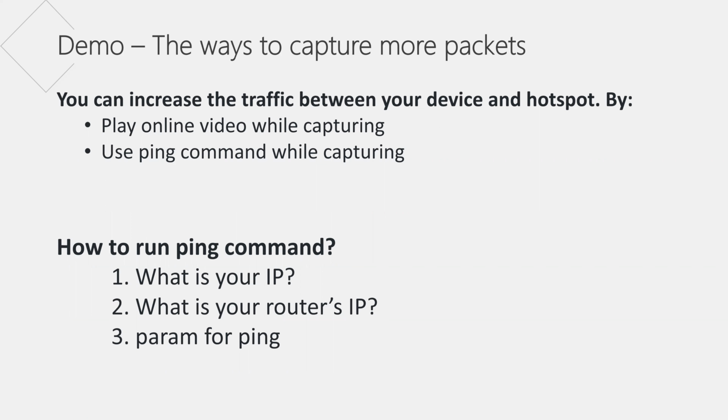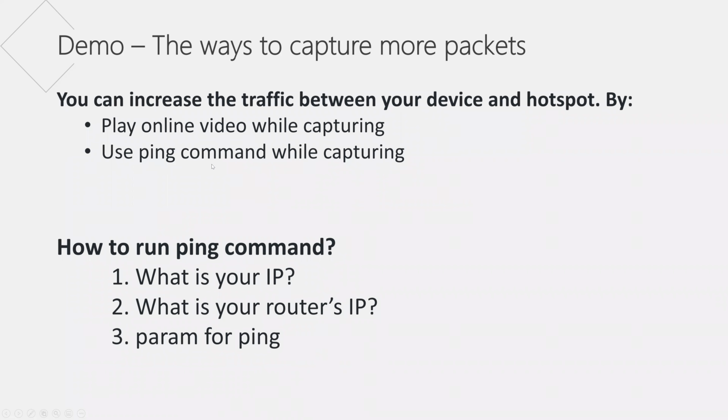There are 2 ways, though not the only 2 ways that you can do it, but we recommend these ways. The first one is simply to play an online video while capturing, but make sure you don't have any cache. So you keep downloading from the internet, and you can increase the traffic from your computer to the router.